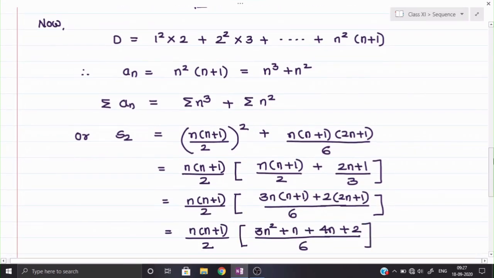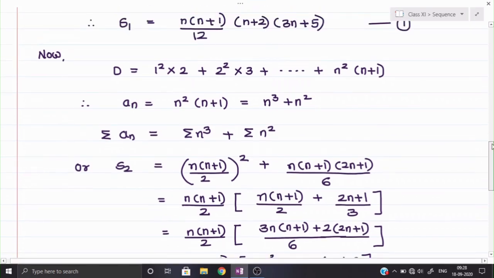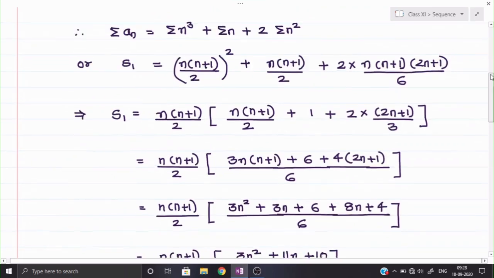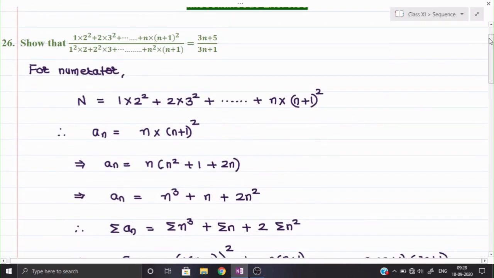So the summation of n cube is n into n plus 1, because n square into n plus 1 we have kept. Let us check once. Somewhere we are making a mistake. N square into n plus 1.